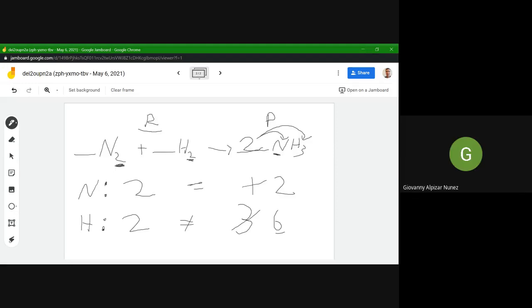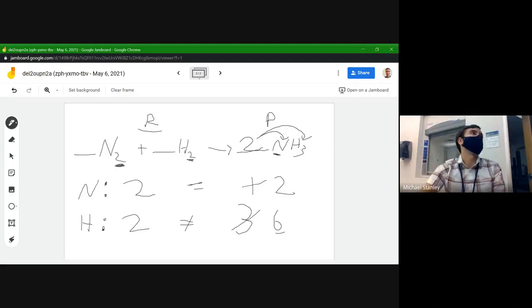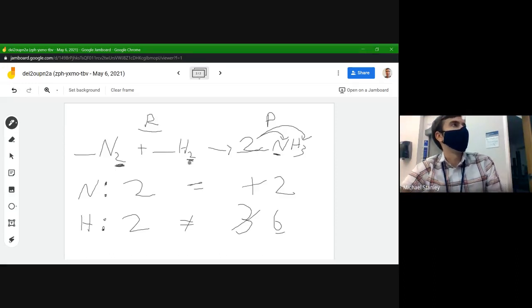Can you add a coefficient 3? Yes, you sure can. So this is a 2, and we know that we're trying to get to 6.